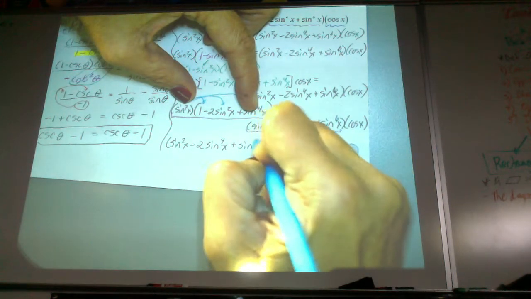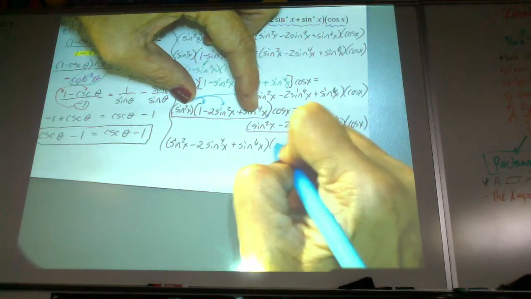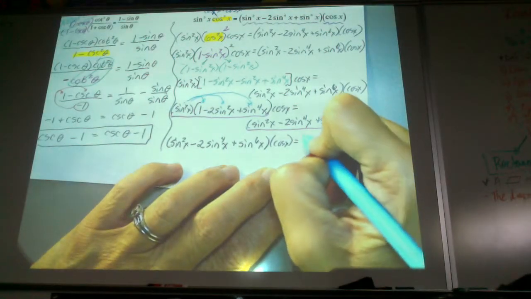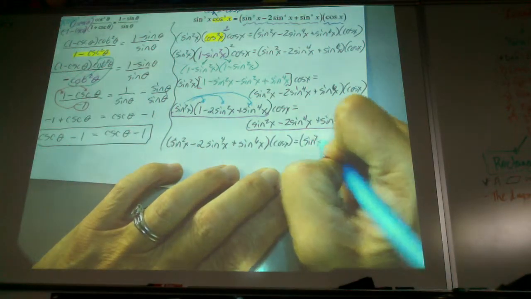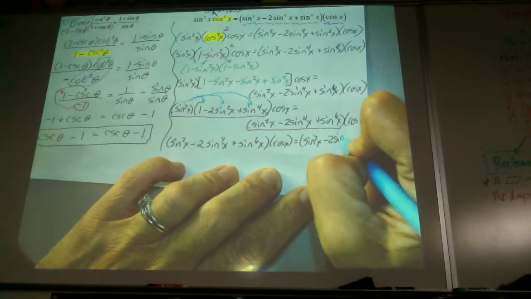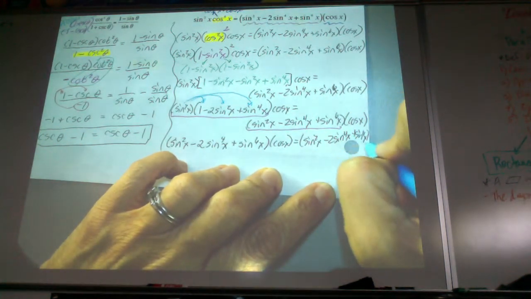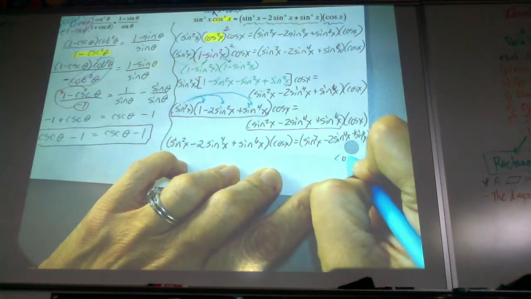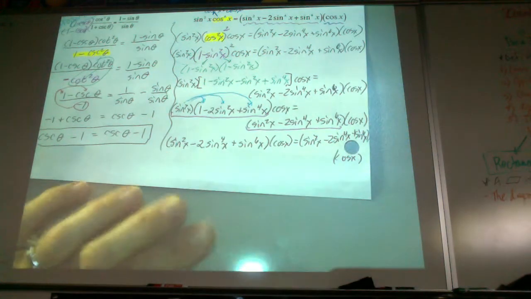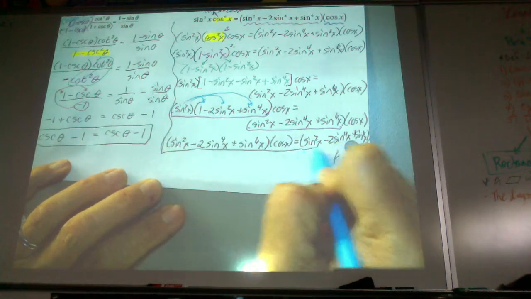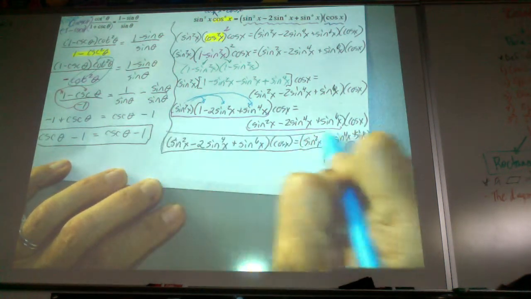Sine to the 6th x times cosine of x equals sine squared x minus 2 sine to the 4th x plus sine to the 6th x times cosine of x. Doesn't the left side, as ugly as that is, equal the right side?